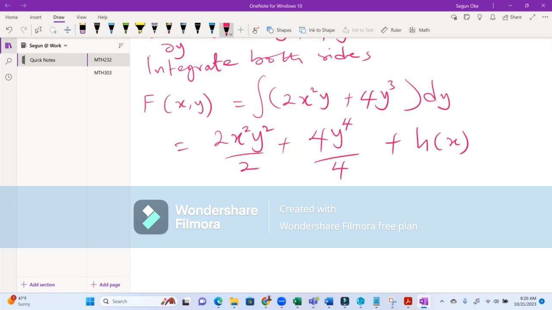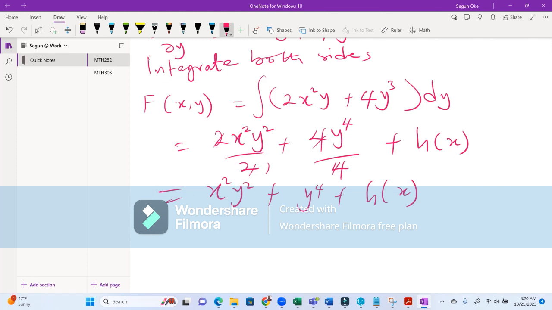So in this case now, these two will go with this, and 4 will go with this. At the end of the day, we can say F of x, y is equal to x squared y squared plus y raised to power 4 plus h of x. Right.